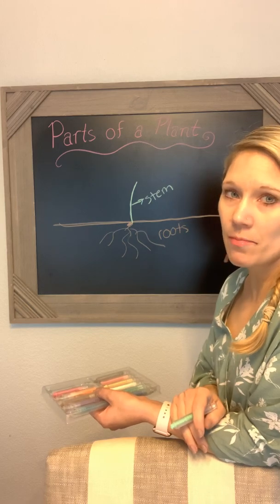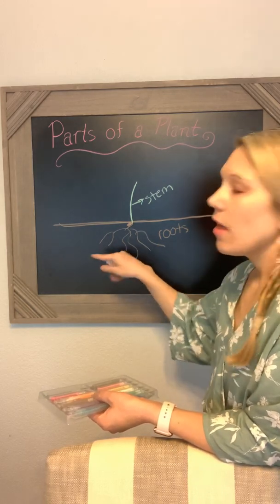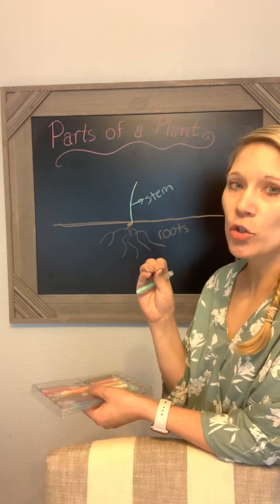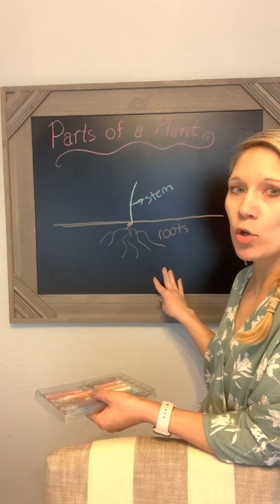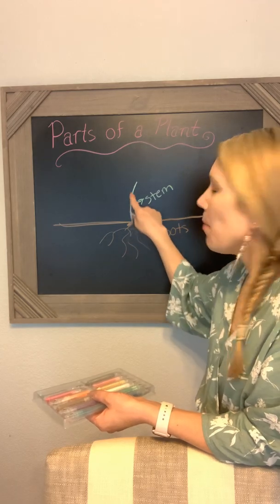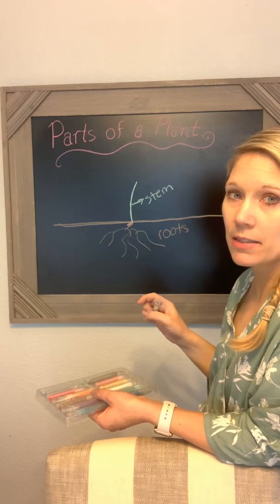That's called the stem. So the purpose of these roots, they're going to absorb water and nutrients from the soil. And as it absorbs the water and the nutrients through the roots, they're going to travel up the stem to get it to the rest of the plant.